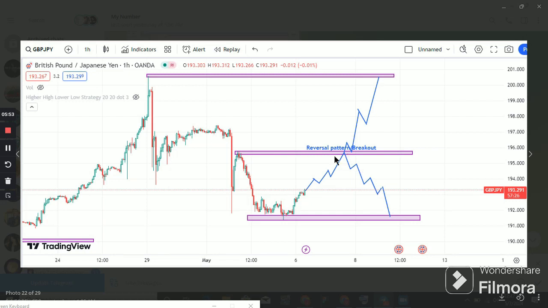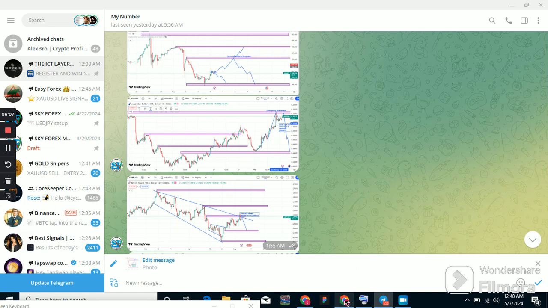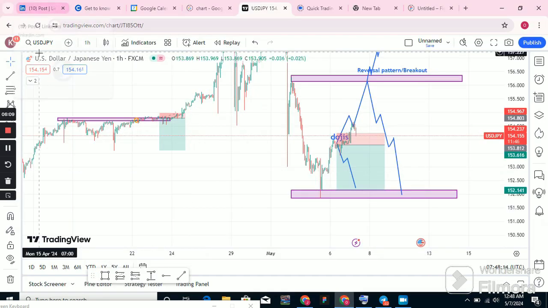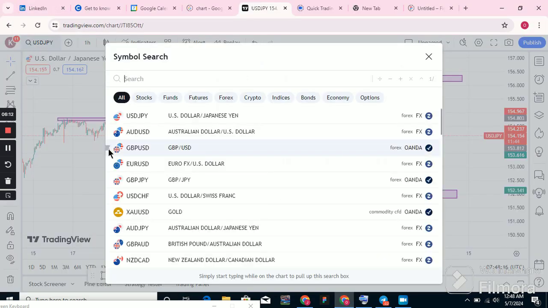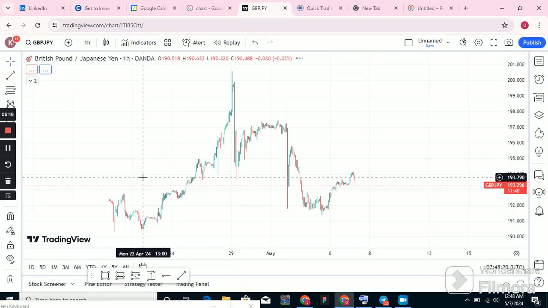It had to break out or reverse into our zone. But remember, anything we are doing, we are looking at confirmation patterns. We don't do anything without confirmation patterns. Either a retest after breakout and then move upward, targeting that upward reversal zone there.